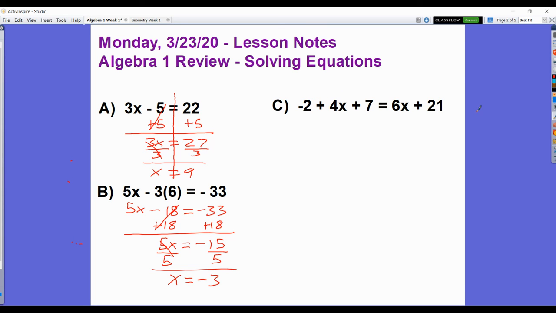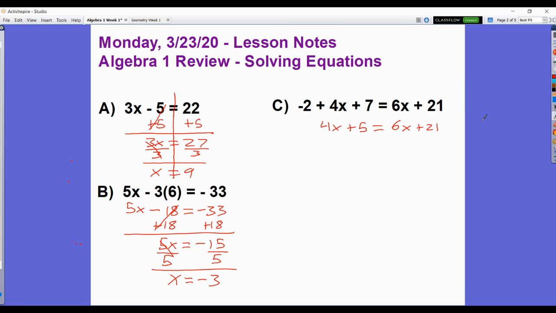So we're going to take negative 2 plus 7, do the math on that, and you're going to be left with 4x, and these two together are going to be put together to make positive 5. On this side, it stays exactly the same, 6x plus 21. So this is what we have after our first step.